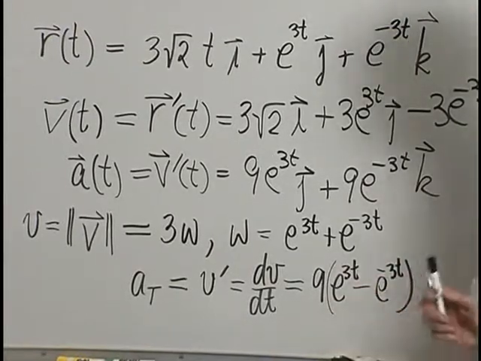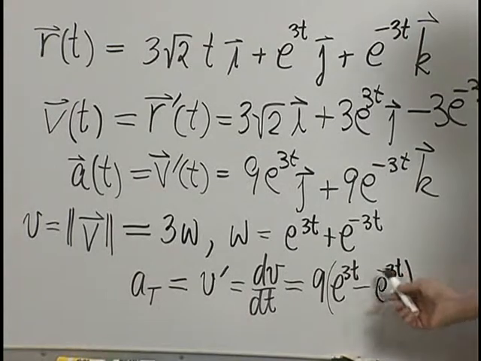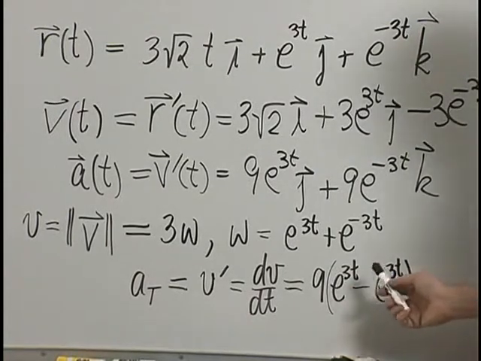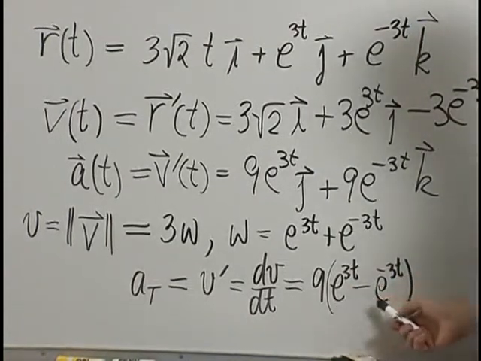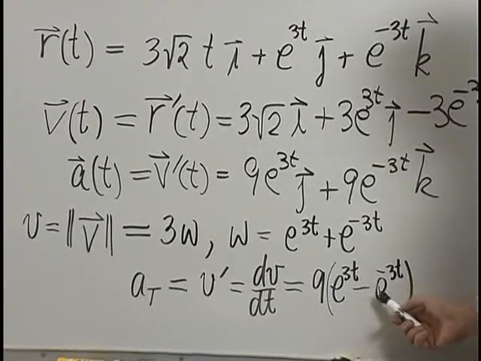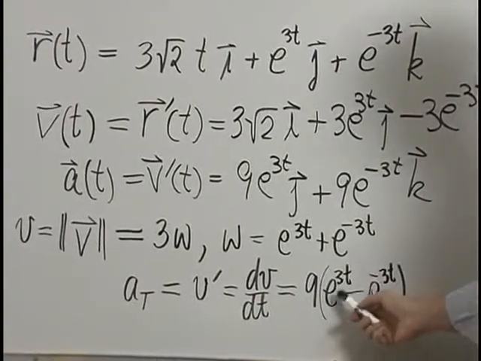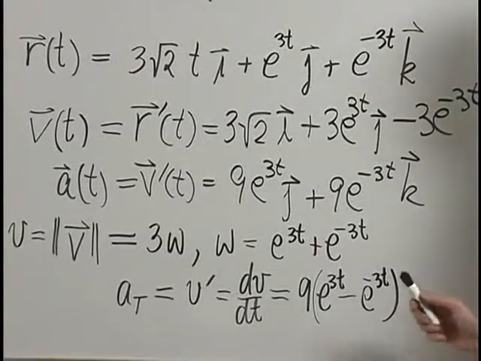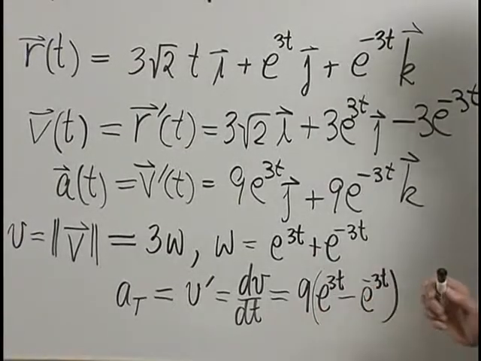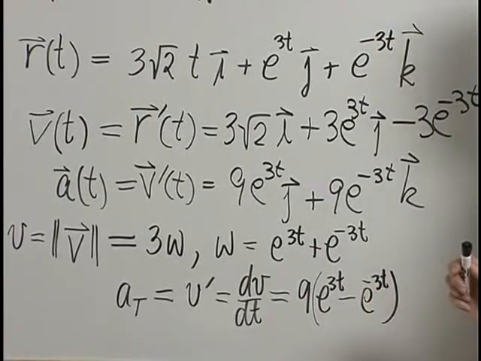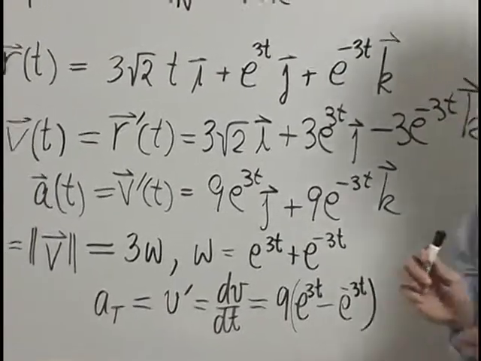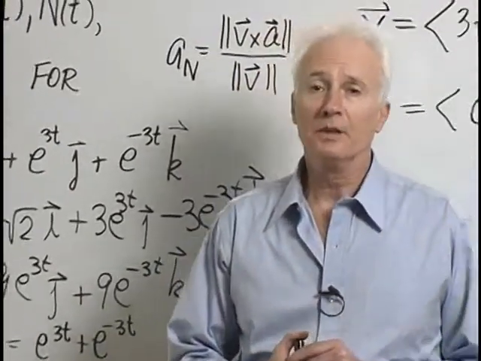That's our tangential component of acceleration, which is a fairly simple expression. Notice it's got this quantity e^(3t) minus e^(-3t) instead of e^(3t) plus, and then it's multiplied by 9. And so that's our tangential component of acceleration, and next we want to find the normal component of acceleration.